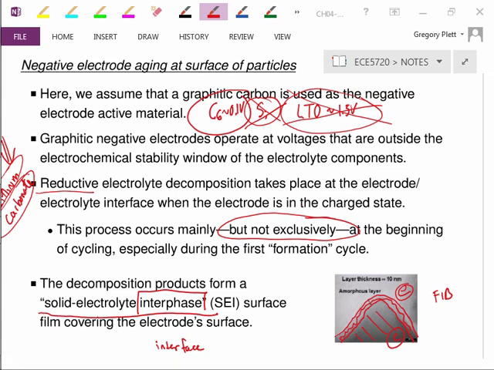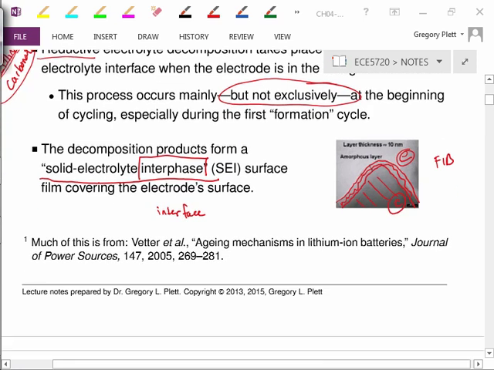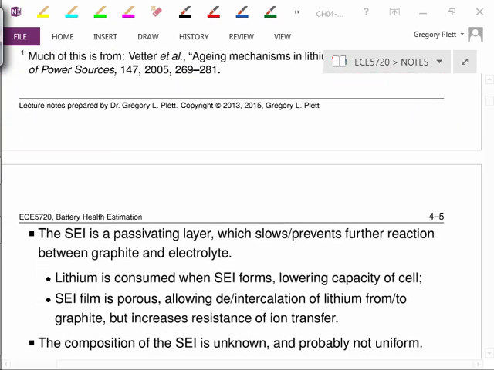So if you look at some authors who aren't really concerned with tracking aging, they may even say that SEI forms only during formation, but that's not true. It really does continue to form, and it has been observed to do so. But if your focus is not on aging, that might not be your concern.